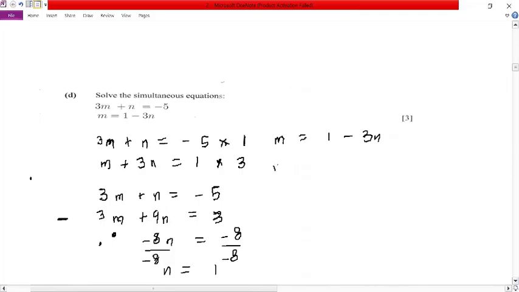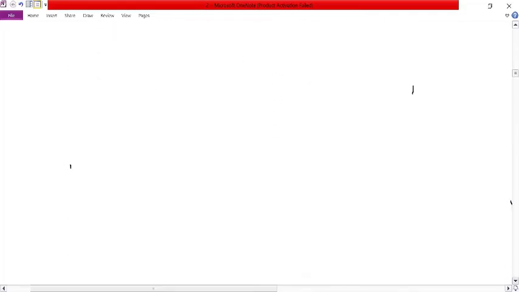Then we substitute where there is n with 1. Then our m is equals to minus 2. So let's move on to the next question.